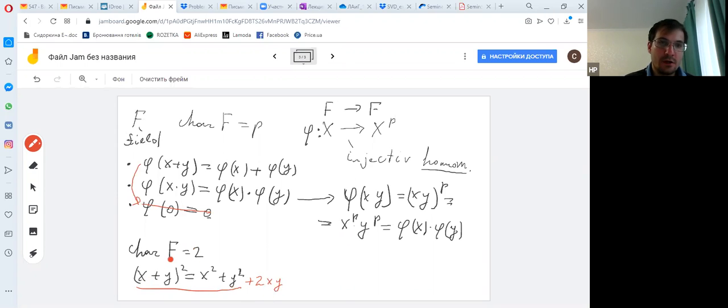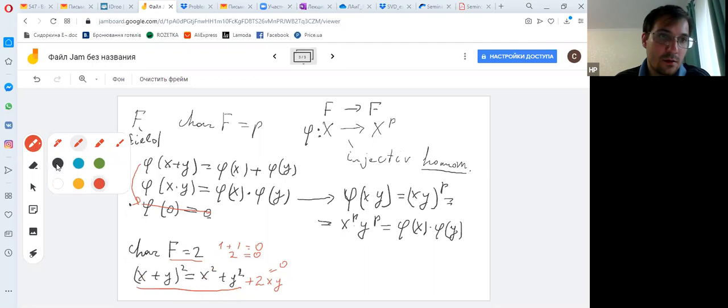But in characteristic 2, we have 1 plus 1 equals 0, so 2 equals 0, and this term is just 0. And this equation is correct. For example, in Z2, this equation is correct.